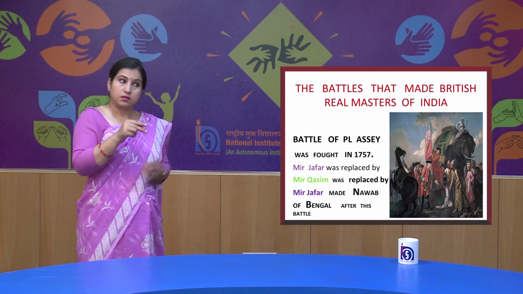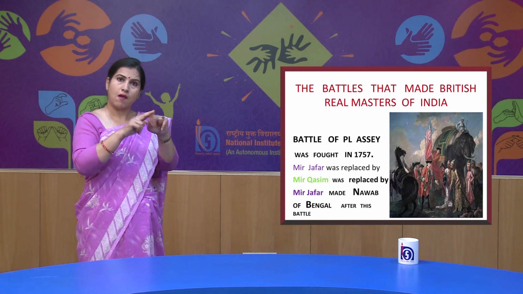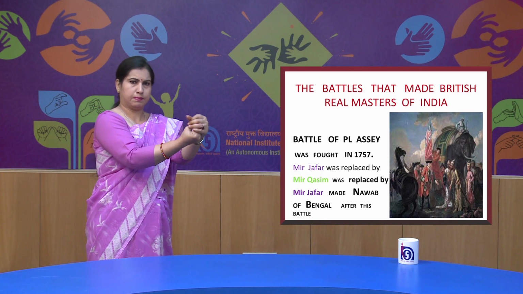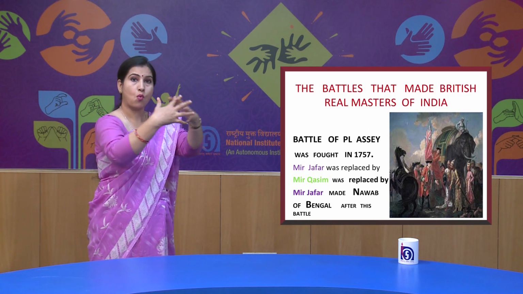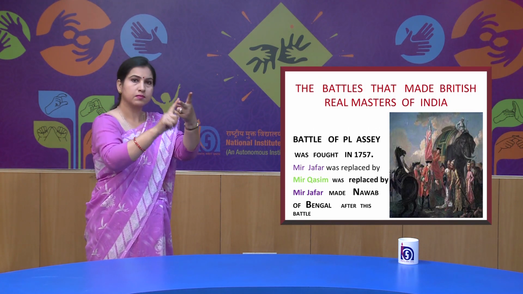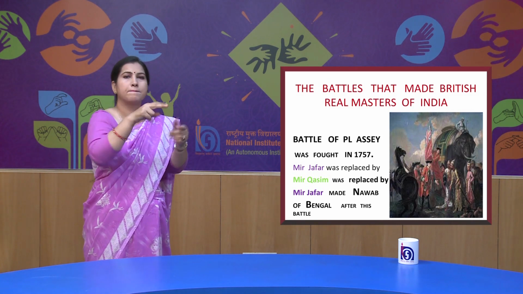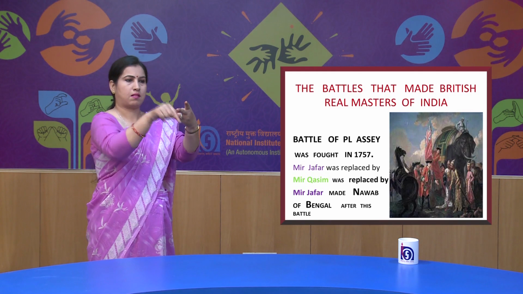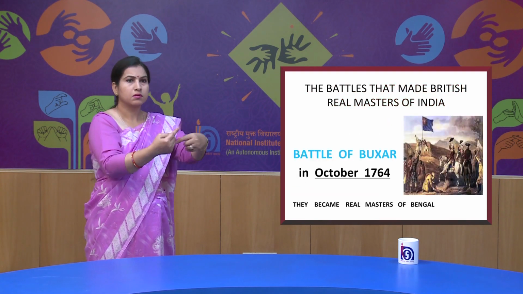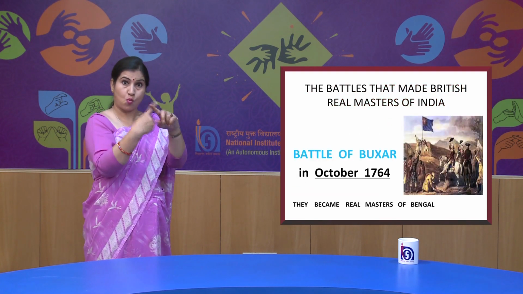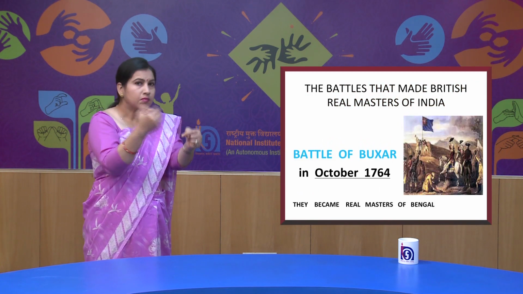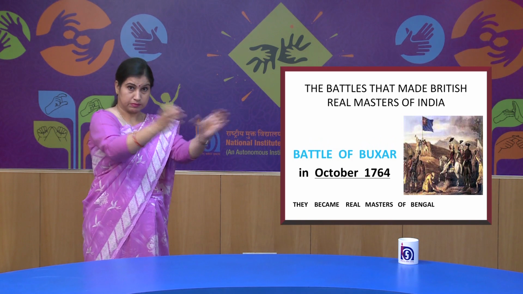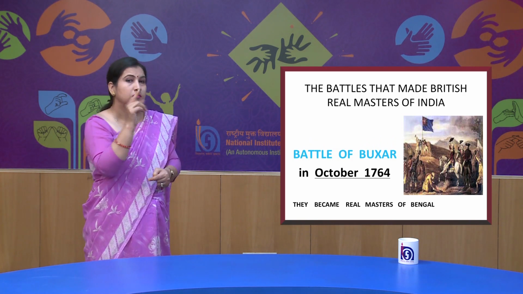Against this, Mir Qasim made an alliance with the Nawab of Awadh and Mughal Emperor Shah Alam II. As a result, the Battle of Buxar was fought on 22nd October 1764.